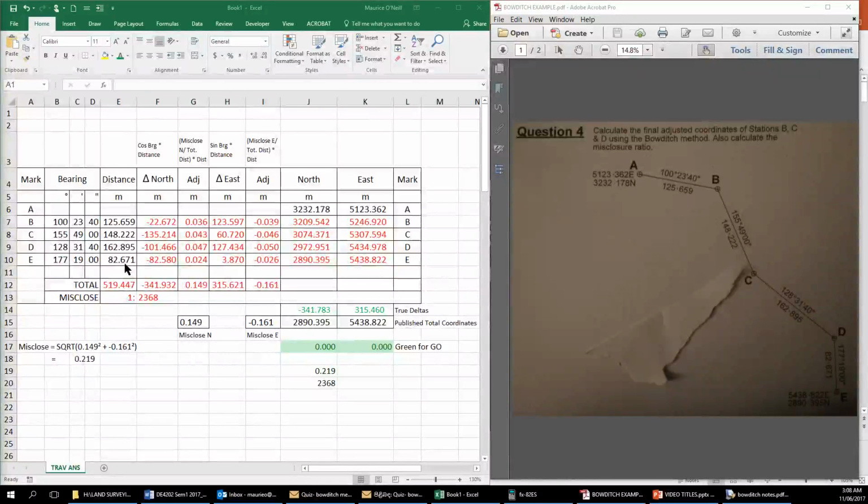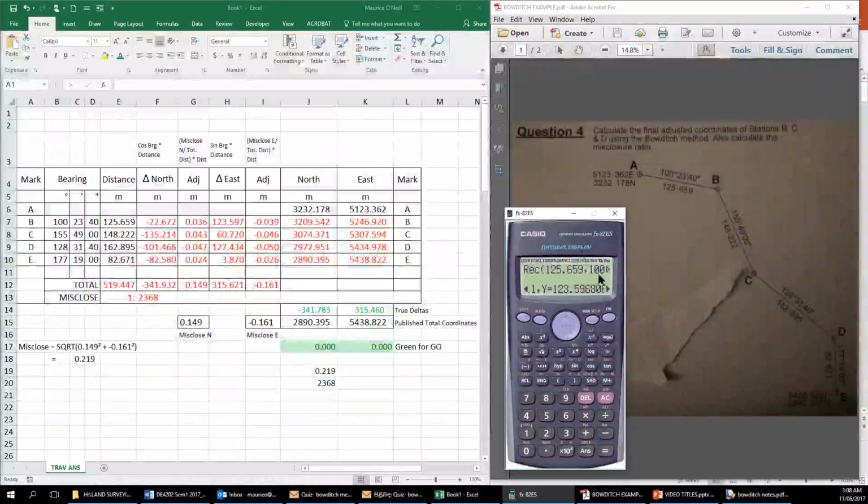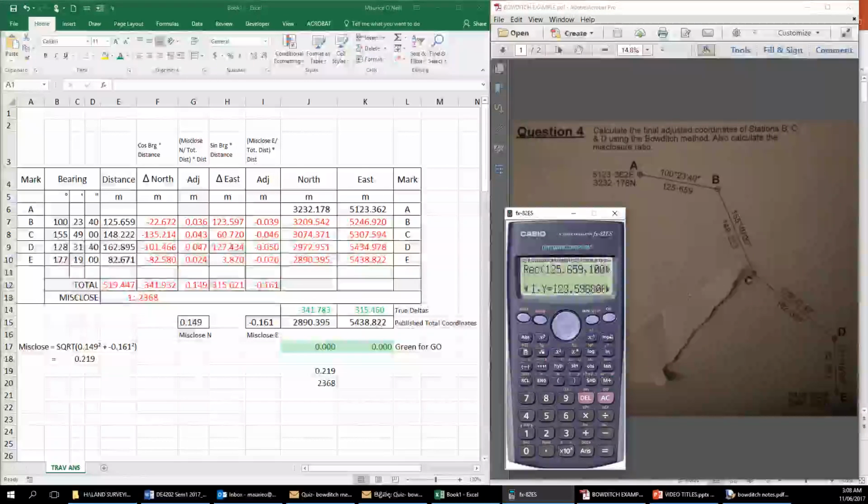So I've got a little calculator available here that works in degrees. This is a fairly common calculator that's available here in New Zealand in most stationery shops. Most students have these, or they have a graphical calculator, which I don't really.